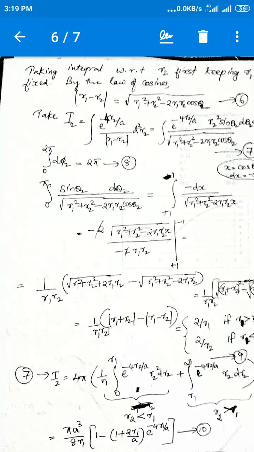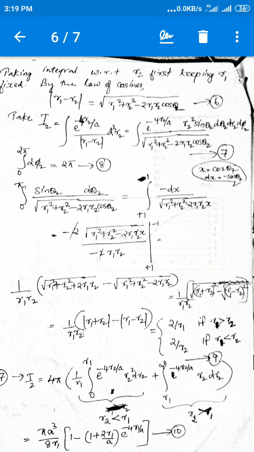So substituting the values, r1 squared plus r2 squared plus 2 r1 r2 is (r1 plus r2) whole squared, minus the root of (r1 minus r2) whole squared. So the root of that is r1 plus r2, and the root of the other term is r1 minus r2.